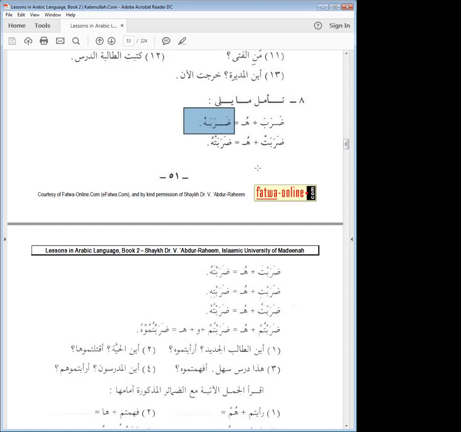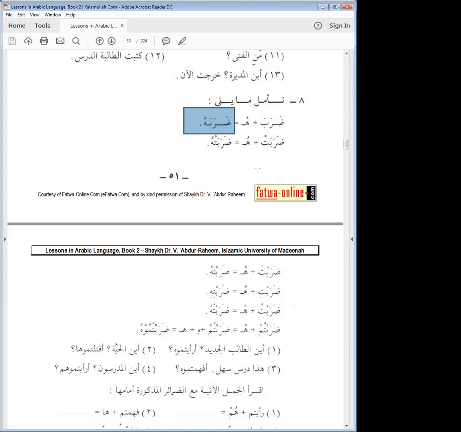You have darabahu, and you join it because it's an attached pronoun, right? So we have to be careful here, right? Now where is the fa'il? The fa'il, the doer of the verb, is damir mustatir, it is understood, or the hidden pronoun.